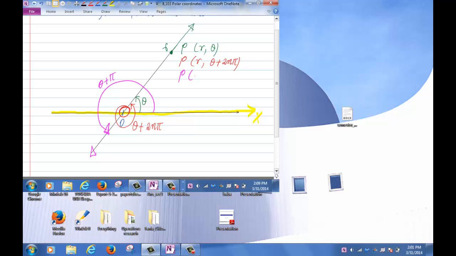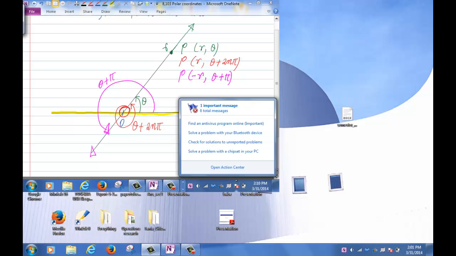So now r is negative, right? So assuming that the symbol r is positive, then I should write negative r here, and then this would be theta plus pi, right? Theta plus pi. However, notice that if I add now any multiple of 2 pi, right?